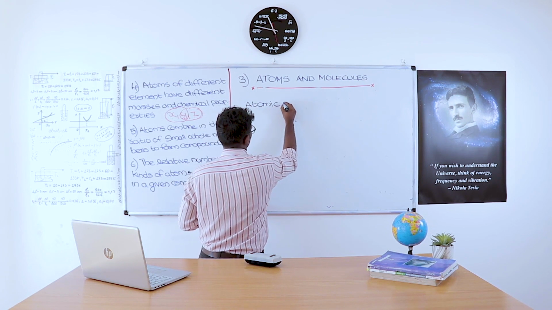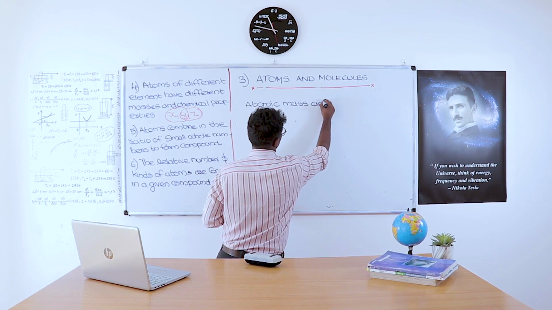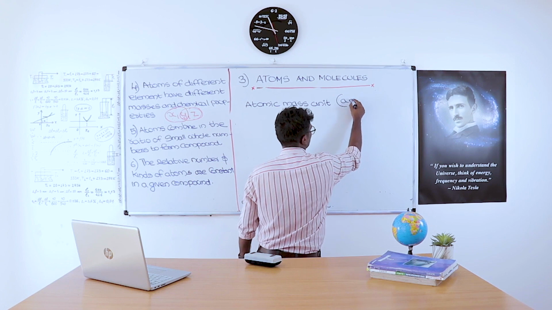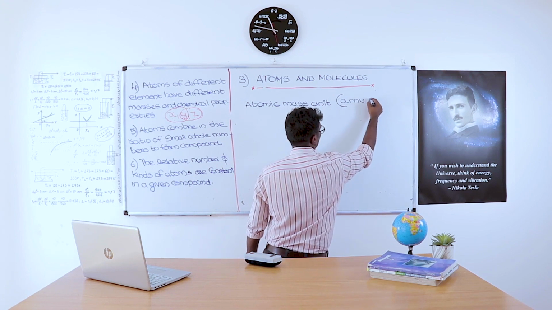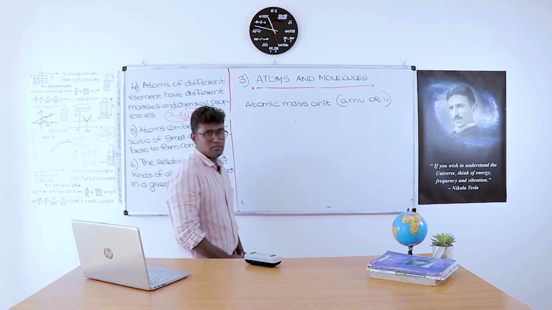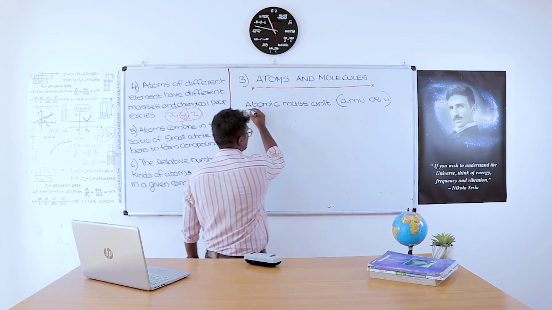Atomic mass unit is written as AMU, or otherwise simply U. What is meant by atomic mass unit?